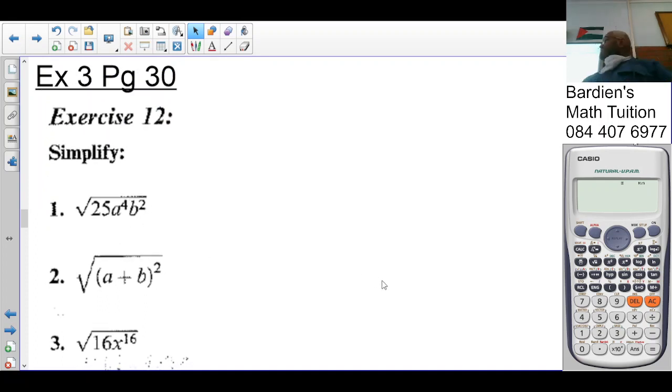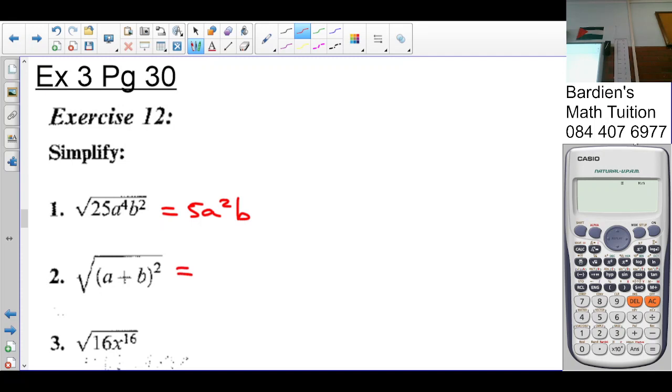Okay. So the first question is to simplify, and the question is the square root of a to the exponent 4 b squared. So what would that be? The square root of 25 is 5a squared b. You all okay with that? The next one, what's the square root of a plus b all squared? A plus b.